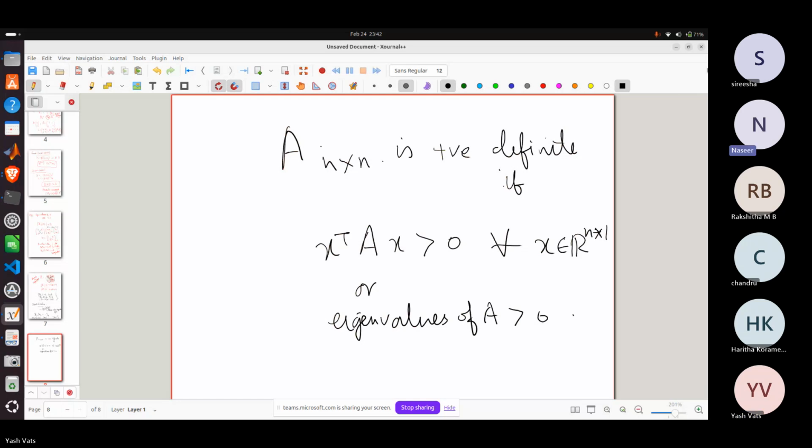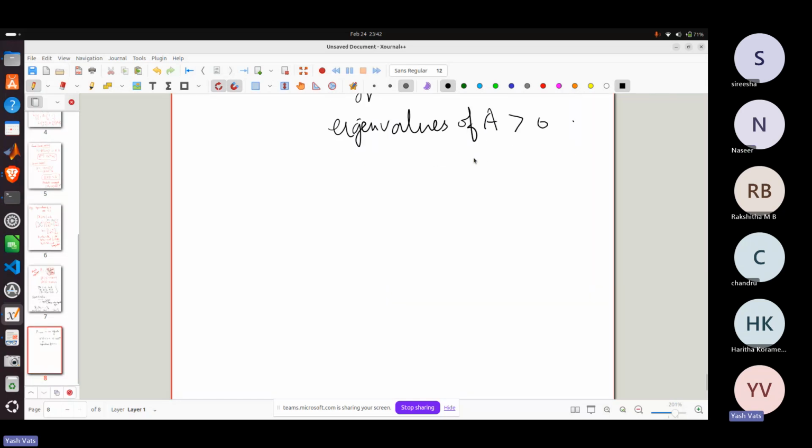Can you just give an example, sir? Yes. The identity matrix is definitely a basic example of a positive definite matrix, and another is any diagonal matrix whose diagonal entries are greater than 0.